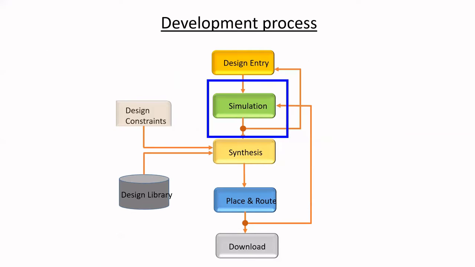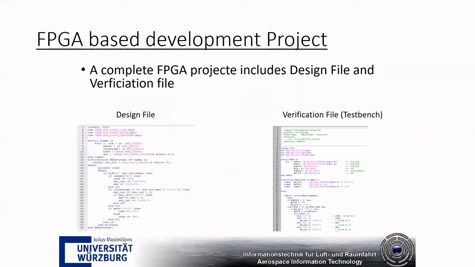In VHDL, we do the simulation. And how is this simulation done? The concept of checking the output is a little bit different in VHDL as far as the simulation is concerned. So when we want to perform a simulation, we have some sort of verification file.